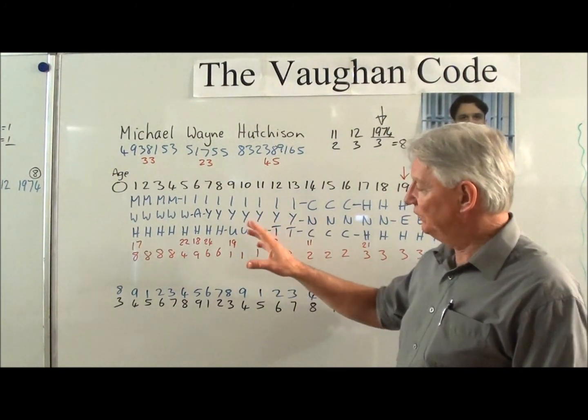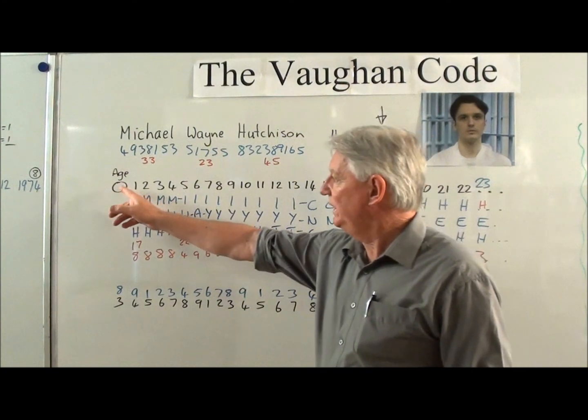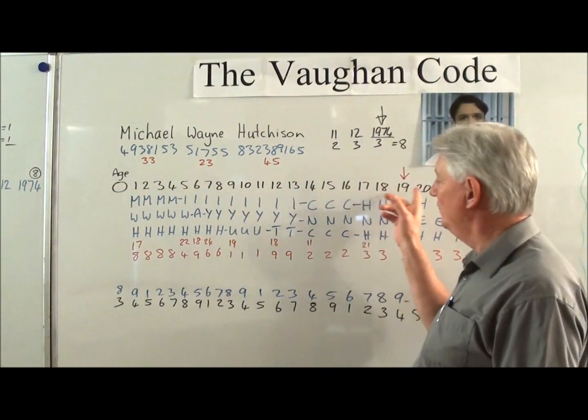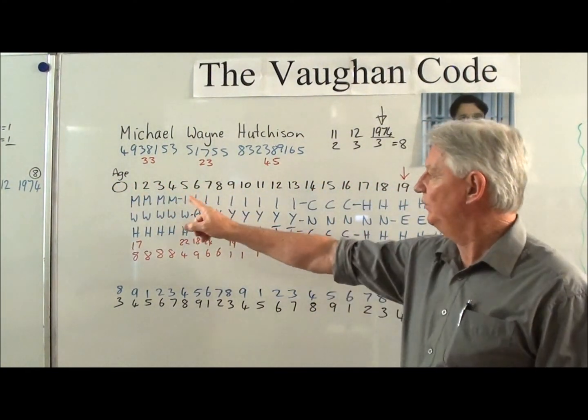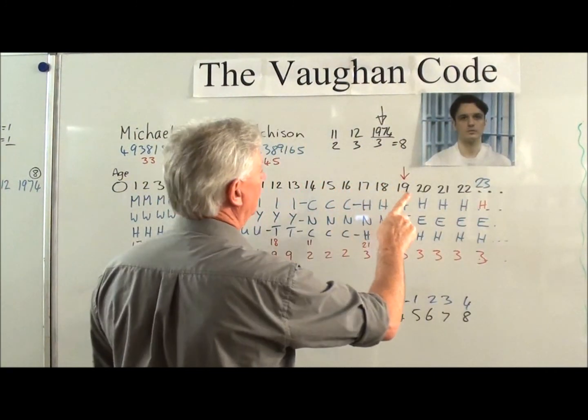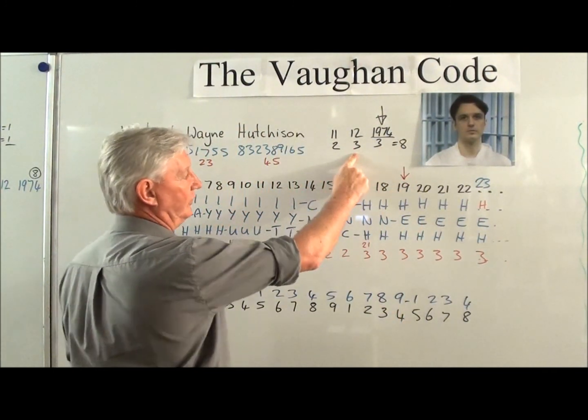Now, at this particular point, from when he was born right through, there are a few things to make mention of, because as we go across here, remembering that his birthday is in December.